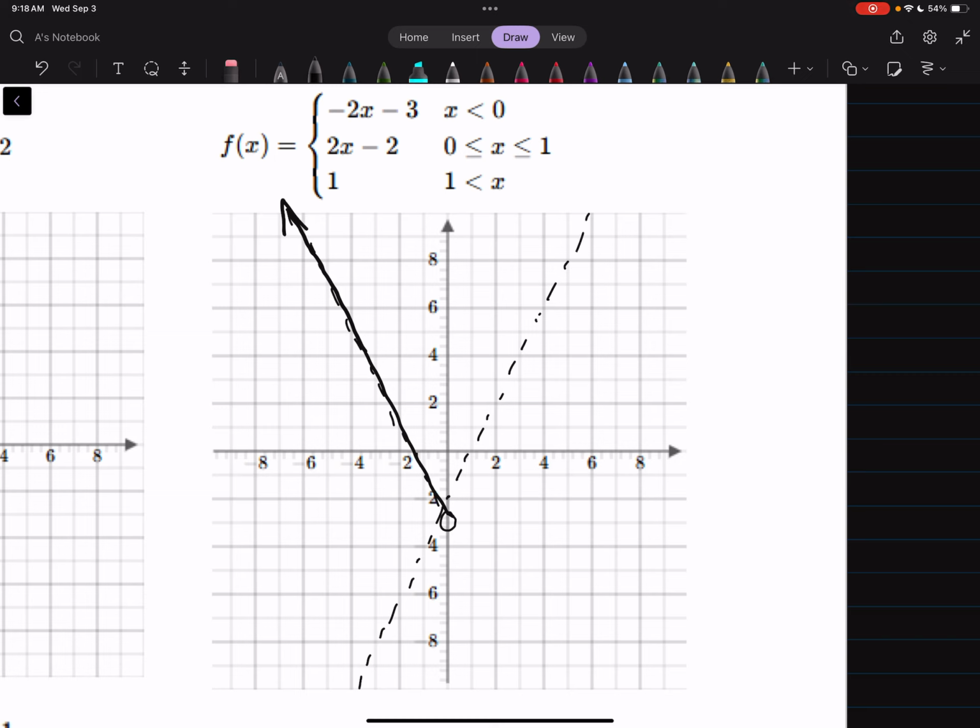And it says I want this between 0 and 1. Now both of these are less than or equal to, so I am wanting closed circles, and I'm connecting my dots. That is the entirety of my graph for 2x minus 2. And I'm going to erase what is left over.